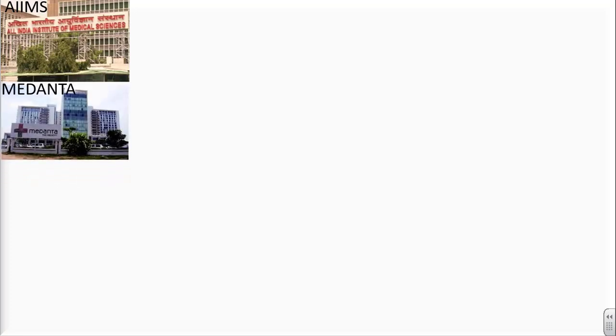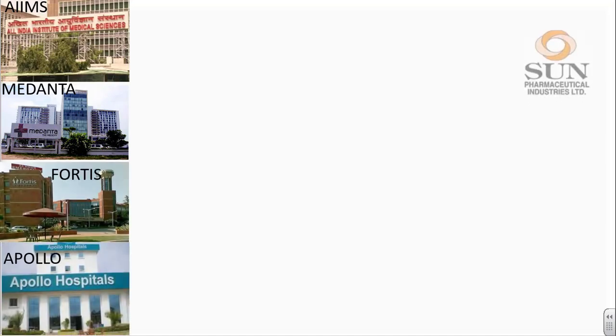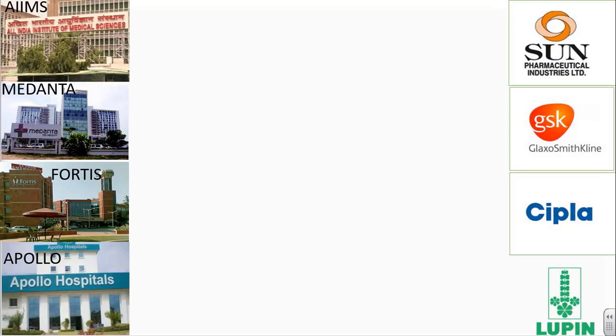Earlier we had only one particular hospital, that was AIIMS. Now we have Medanta, we have Fortis, and we have Apollo Hospital. We have four hospitals, and let's assume that we have four suppliers, that is Sun, GlaxoSmithKline, Cipla, and Lupin. These are the four suppliers.